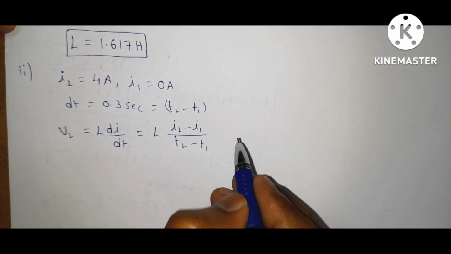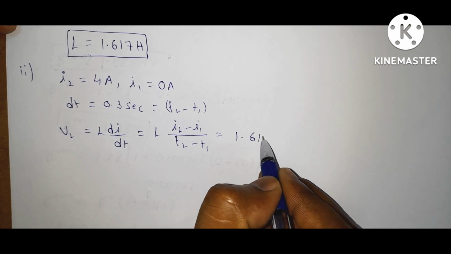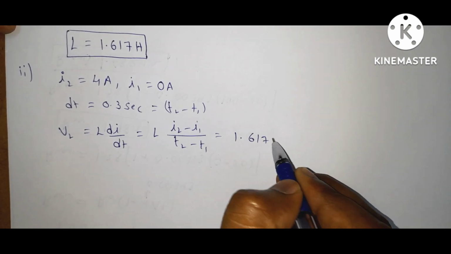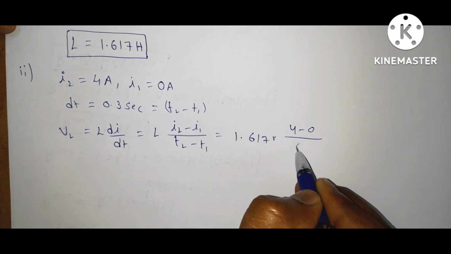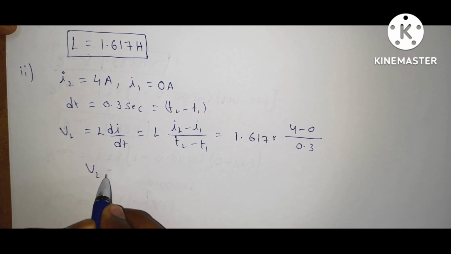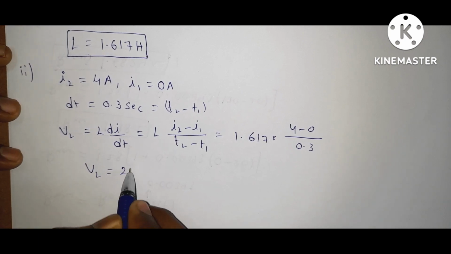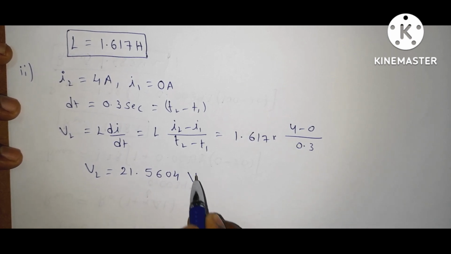What is L? Previously we got 1.617 into (4 minus 0) by 0.3 seconds. You will get voltage as 21.5604 volts.